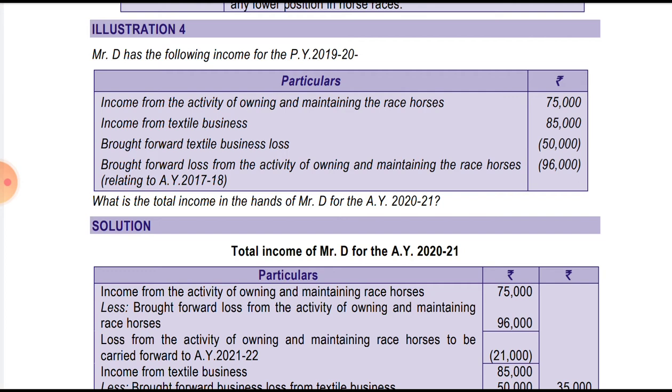So this 96,000 can be set off against 75,000, and the balance can be carried forward still for one more assessment year.